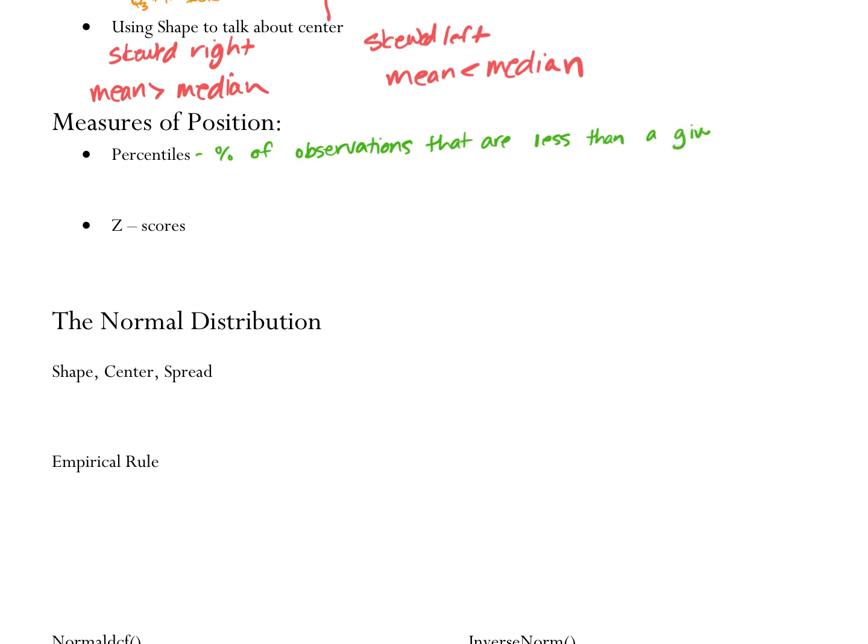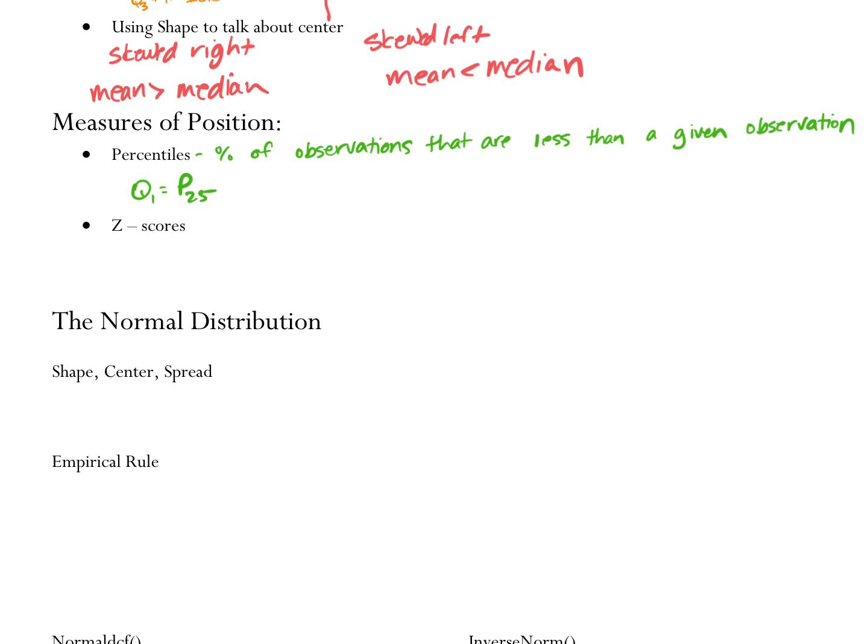So, you guys, remember how I said that in between your minimum and Q1, you have 25% of your observations. That means Q1 is equal to P25, the 25th percentile. Are we good?